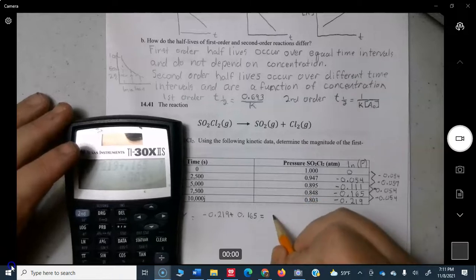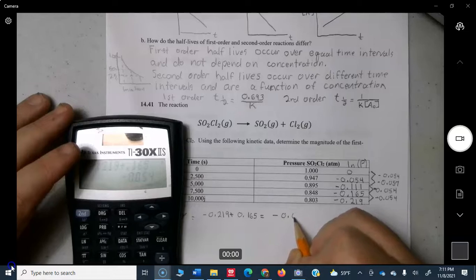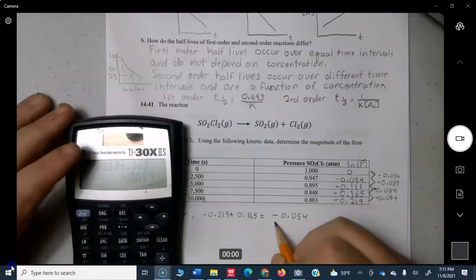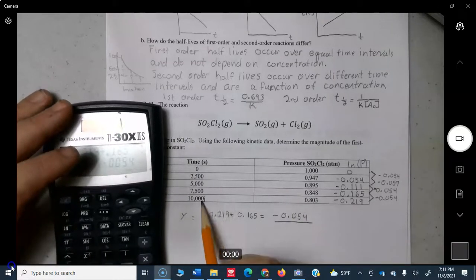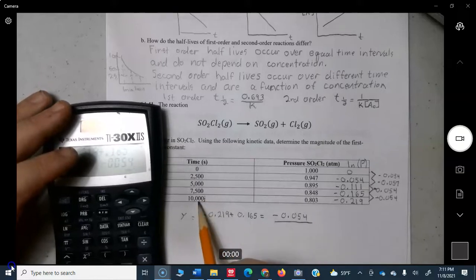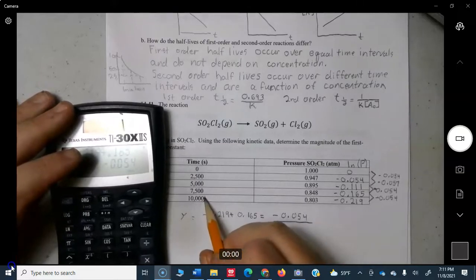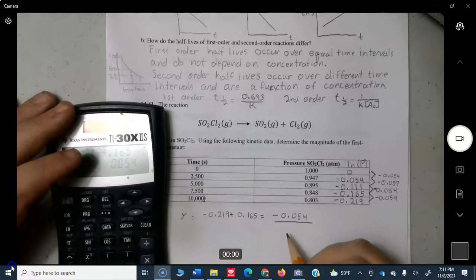And that gives us what we already figured out. The difference here is 10,000. I think that's a typo. 10,000 minus 7,500.